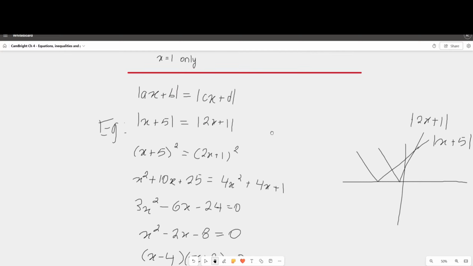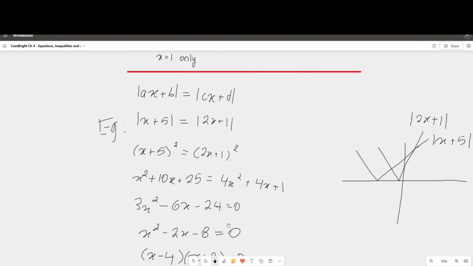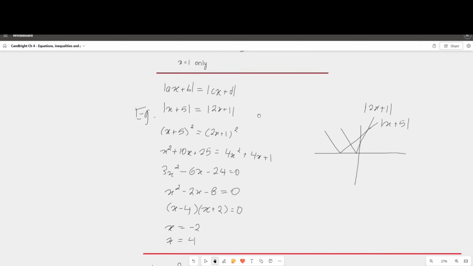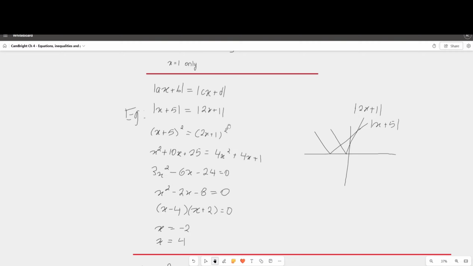And the third form: this has modulus on either side of the equation. So what you do is you square both sides, because remember again, -2 squared is 4 and +2 squared is 4. So it doesn't matter if it's negative or positive, similar to modulus. That's why squaring works.